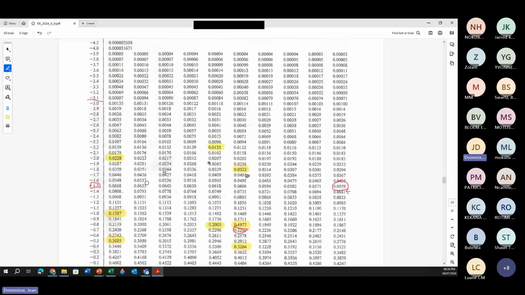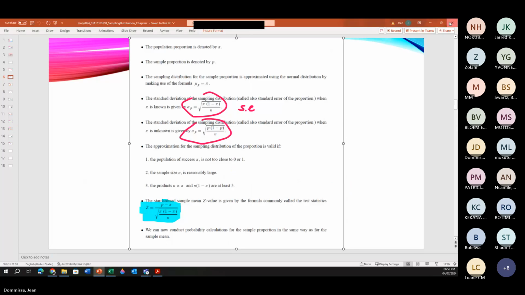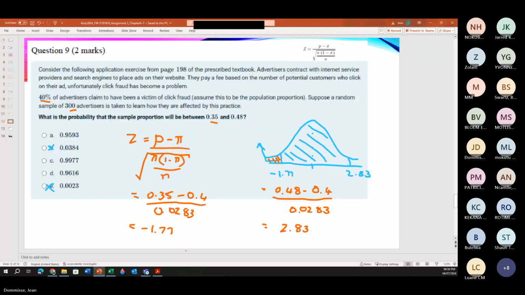Let's quickly see. Okay, so minus 1.77 is 0.0384. Look at that, it is one of the options that they give us.